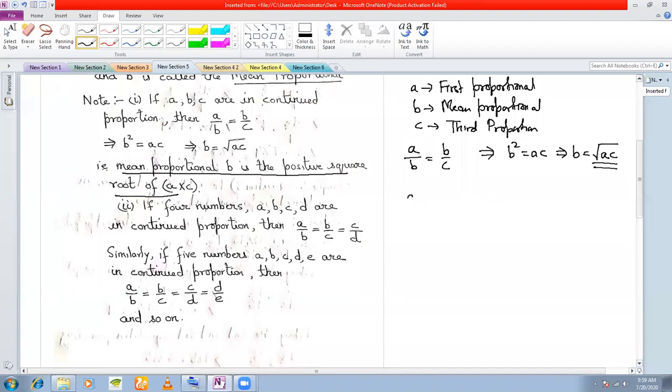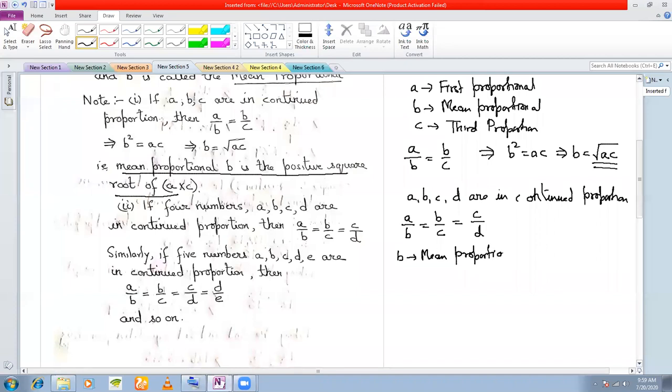Similarly, if I've got four numbers A, B, C, and D given to you in continued proportion, then I can write A by B is equal to B by C is equal to C by D. B is called the mean proportional between A and C, and C is called the mean proportional between B and D. See, B is the mean proportional between these two, and C is the mean proportional between these two.